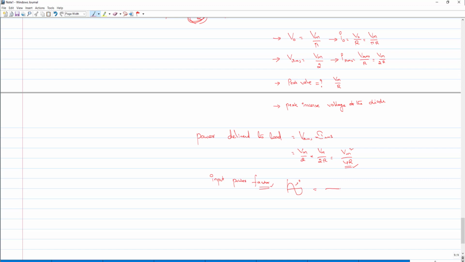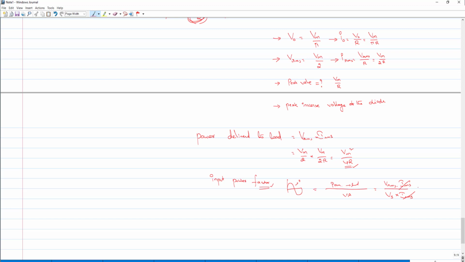Power factor is the amount of power delivered to the load divided by the V into A. The power delivered to the load is Vrms into Irms, and the power given is the supply voltage Vs into Irms.